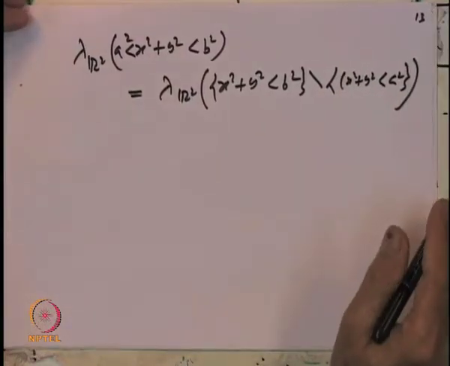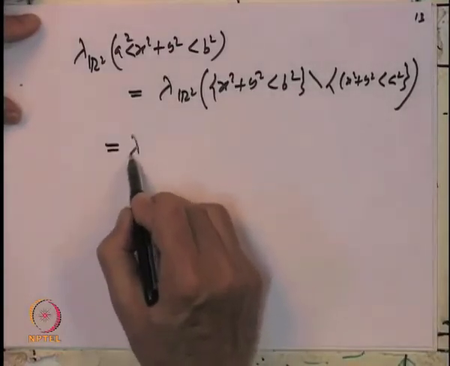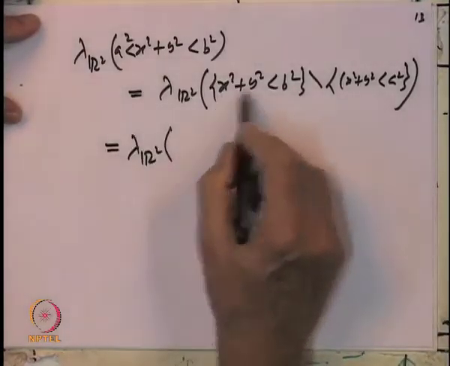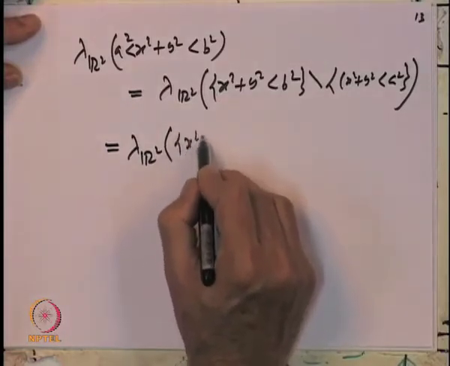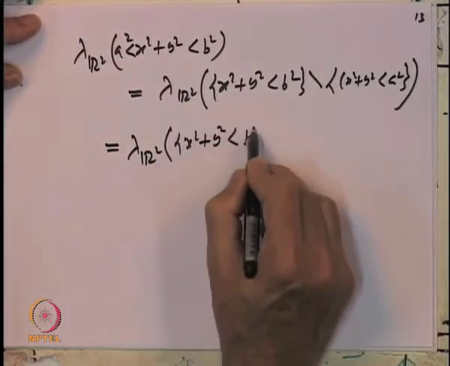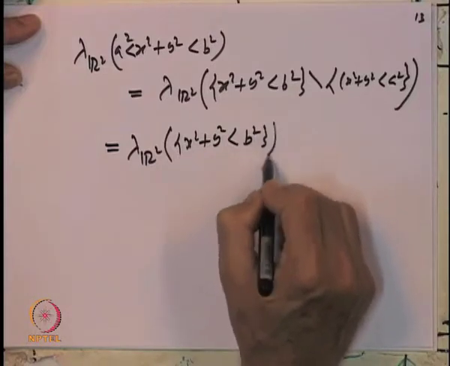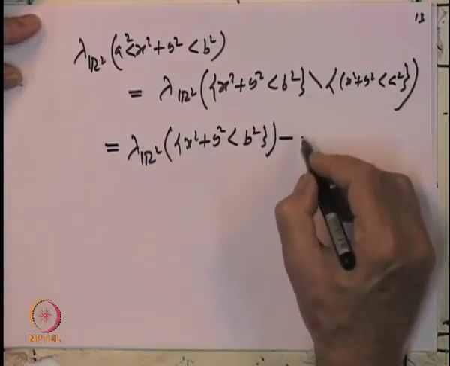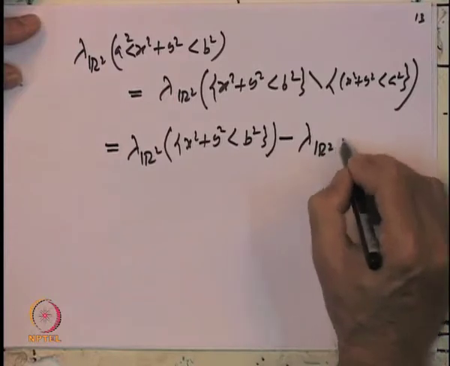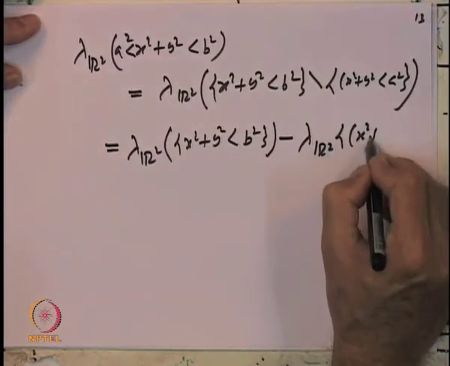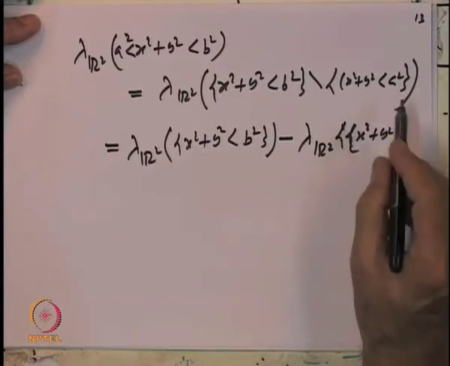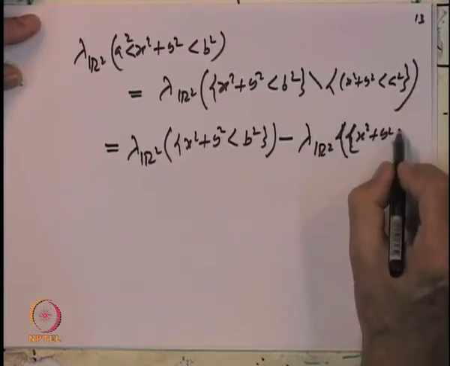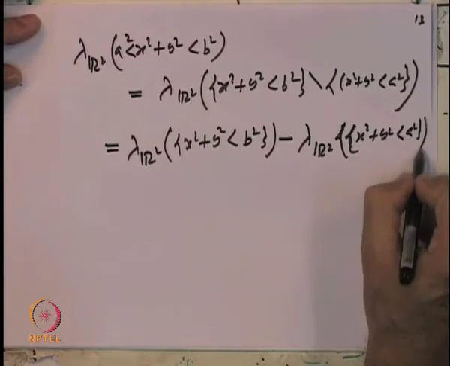And now, everything being finite, I can write this as the Lebesgue measure of the region enclosed by the outer circle, that is x squared plus y squared less than b squared, minus the Lebesgue measure of x squared plus y squared less than a squared.